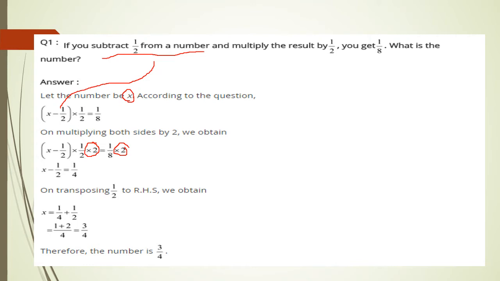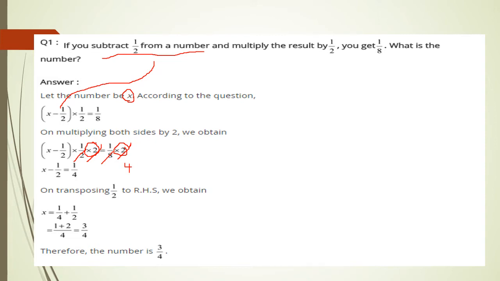Then children, see here, 1 by 2 into 2 is there, so this 2 and this 2 get cancelled. On this side, 2 fours are 8. So the remaining things are x minus 1 by 2 is equal to 1 by 4.